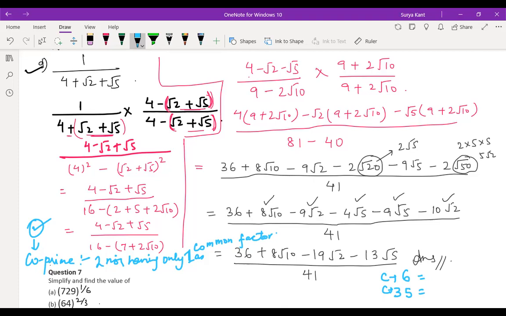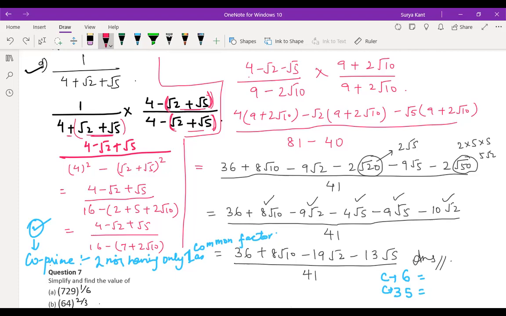Shreyanvi, what are you saying? For 6 and 35, is it co-prime or not? See, it doesn't mean that it should be a composite number, it may be prime. Sorry, it may be a composite number, it may be a prime number also.